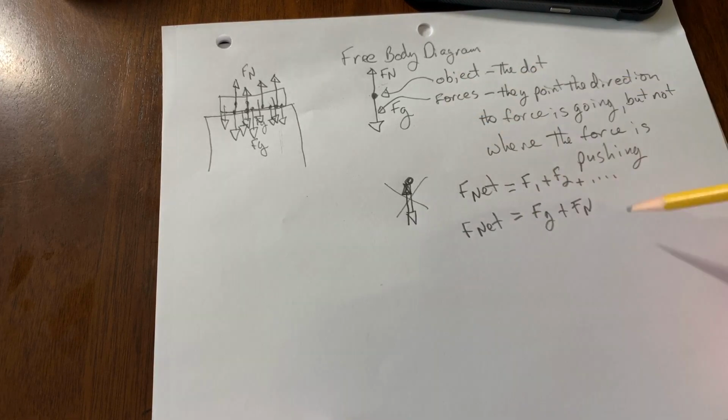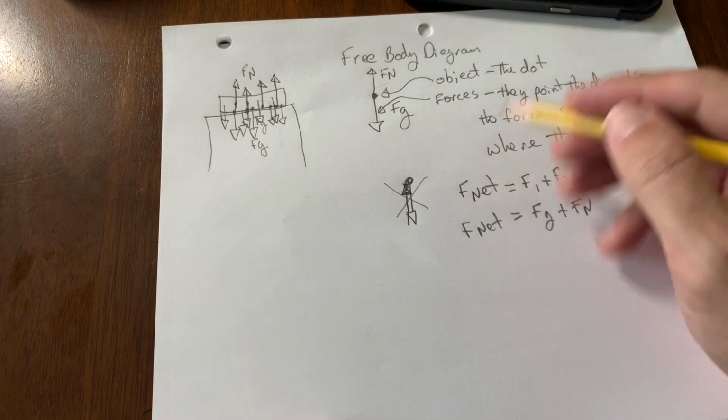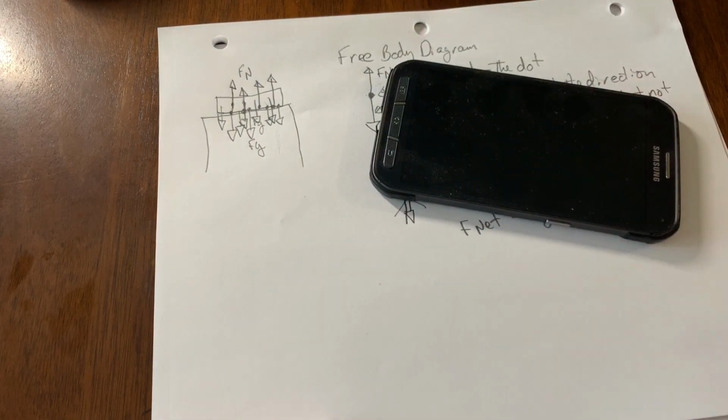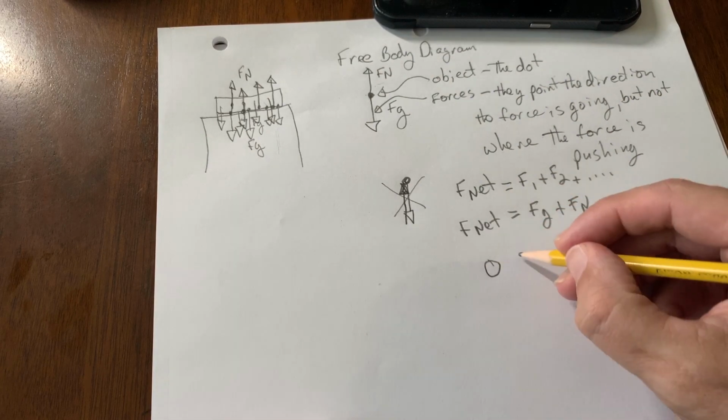Now we don't have any numbers, but if this phone is just sitting on the table, what does the net force have to be? Is it moving? No, it's at rest. So the net force has to be 0.